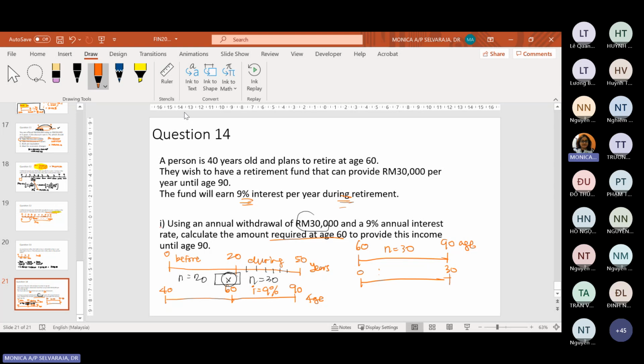Okay, so what will the amount be in this period? Can you calculate for me? What formula should you use here? This should be PV. You can tell me. PVA formula. So it means she needs to calculate the X value at the 20th year.